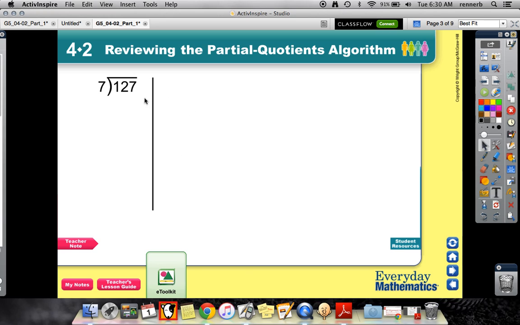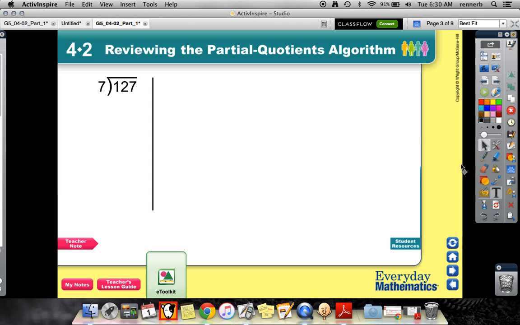So the first thing I want to do is look at, how many 7s are there in 127? I could take a guess and I could start to multiply them out over here, but that would take some time. So I can start with, how about 10? How many 7s are there in 70?